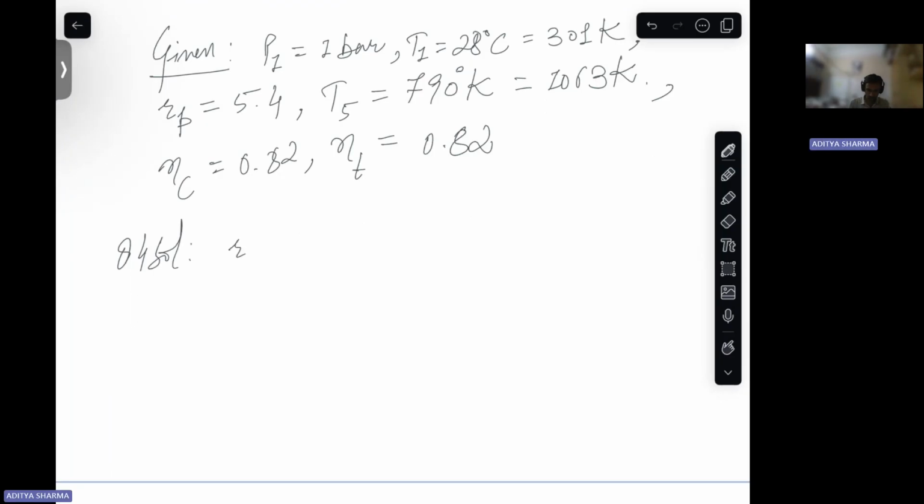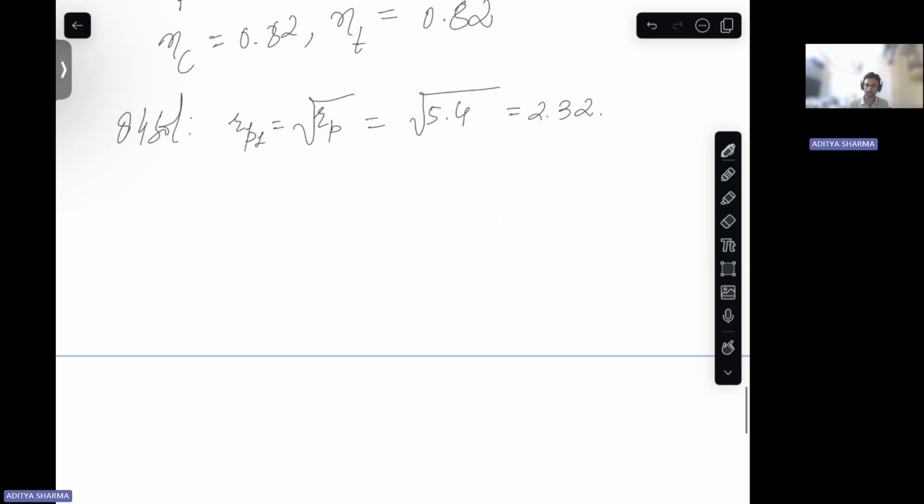First of all, we'll find out the pressure ratio across a single compressor. That we can do by taking the square root, because for the two compressors as a single unit, the pressure ratio has been given for the whole cycle. So if we take the square root, this will come out to be this.